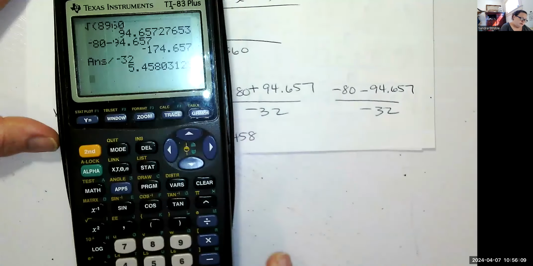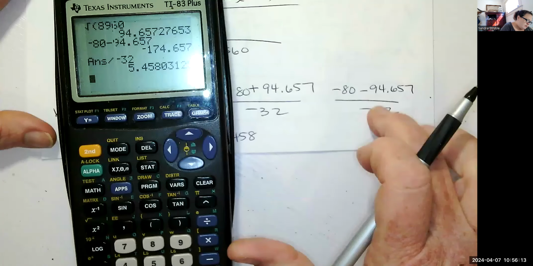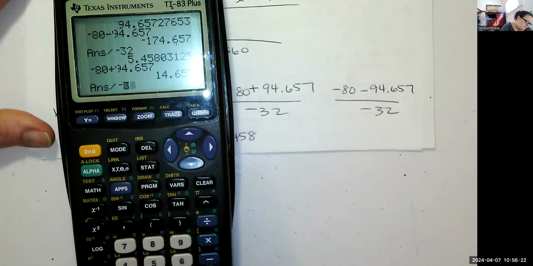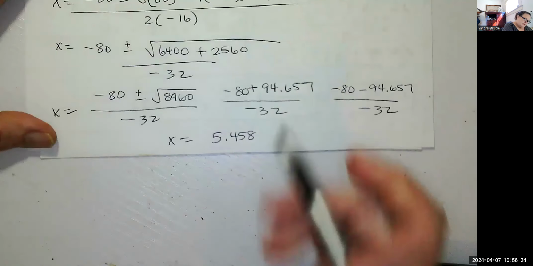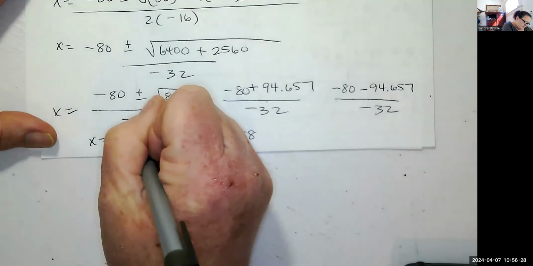The other one is negative 80 plus 94.657 divided by negative 32. And that is x equals negative 0.458.